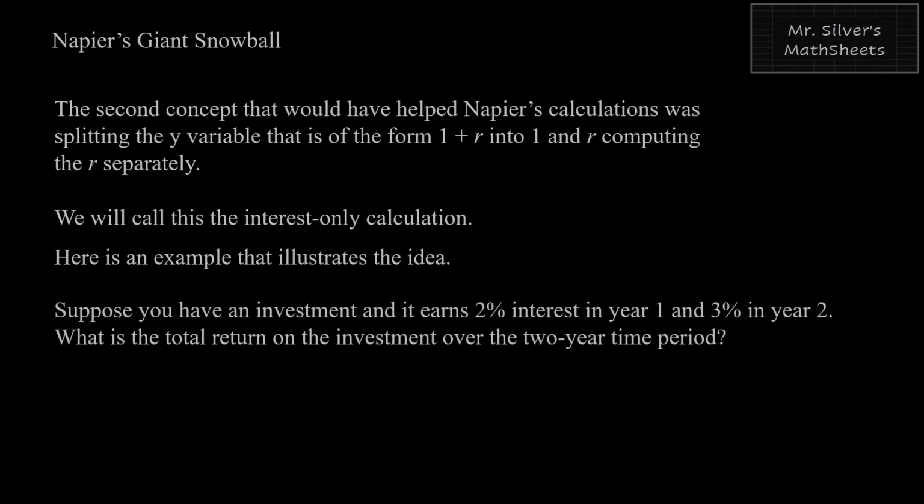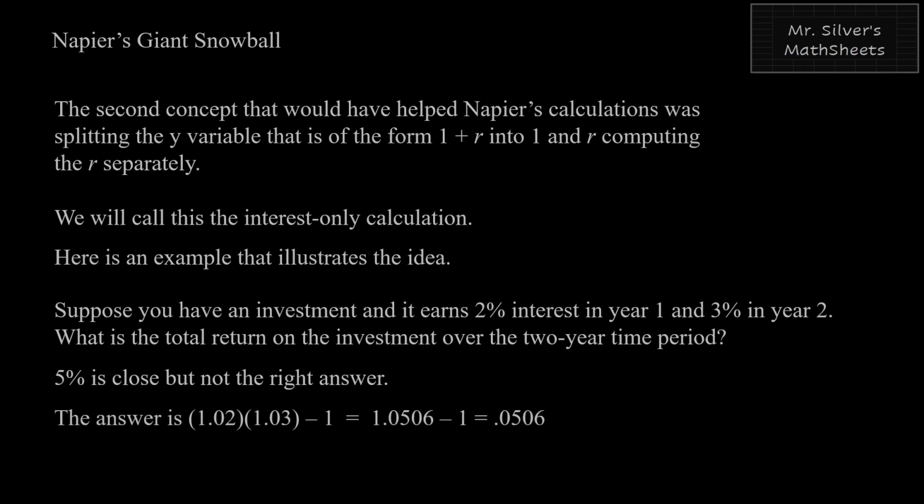Here's an example that illustrates the idea. Suppose you have an investment that earns 2% the first year, 3% in year 2. What is the total return over a 2-year time period? It's close to 5%, but that's not the right answer. It's 1.02 times 1.03 minus 1, which is 0.0506.